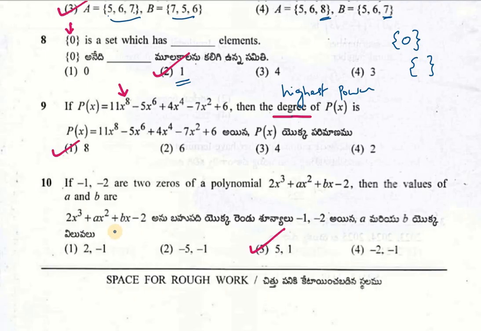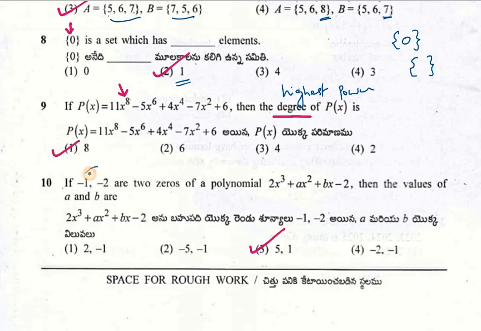Now question number 10. If minus 1 and minus 2 are the two zeros of the polynomial given here, then the values of a and b are. This is somewhat lengthy because first we have to substitute minus 1 instead of x.